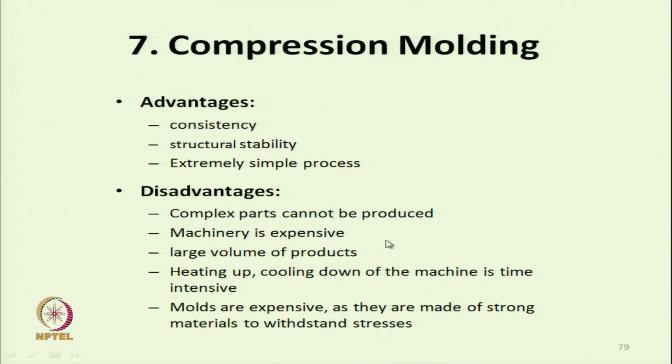It is very expensive, because mold cost is very high. Heating up and cooling down of the machine is time consuming. So, as I have mentioned, molds are expensive, but the system is very simple.